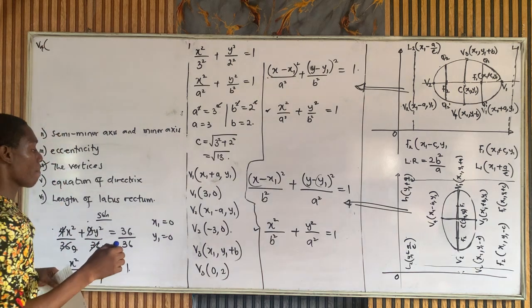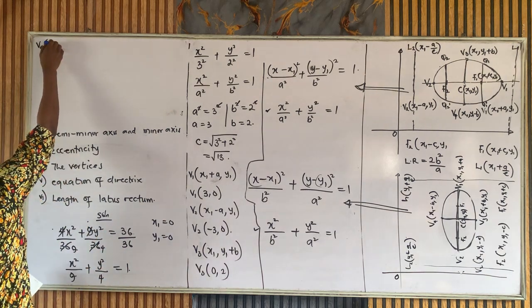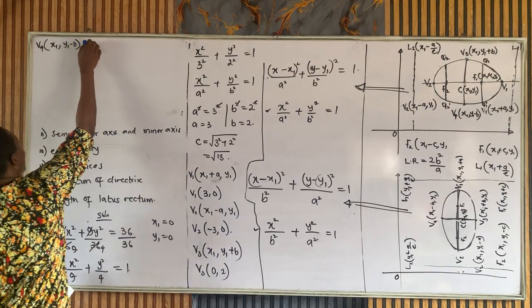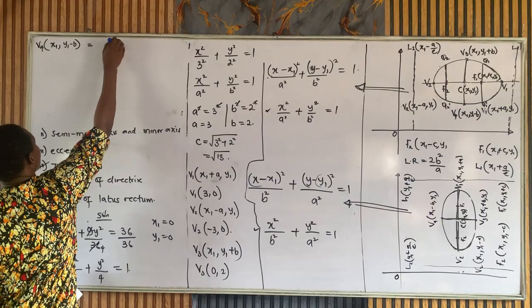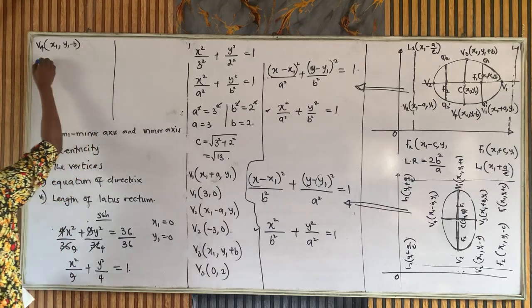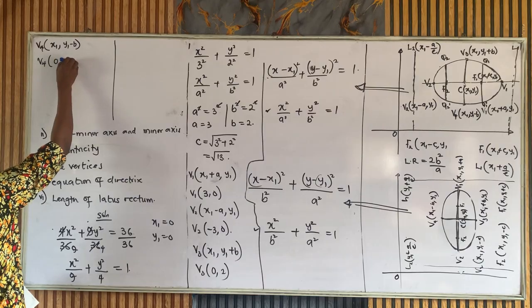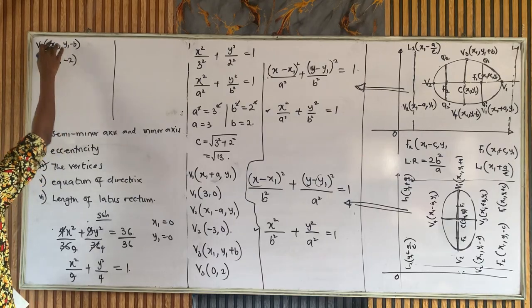Our V4 is x1, y1 minus b, and let me divide this board into 2. That will simply be V4 equal to 0, minus 2, since y1 is 0 and x1 is 0.